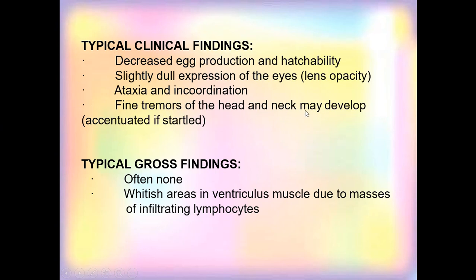The typical findings at necropsy: besides the brain, we cannot find any findings in the organs. However, some whitish areas in the ventriculus muscles, due to infiltrating lymphocytes from inflammation in the ventriculus, can be seen, but not consistently.